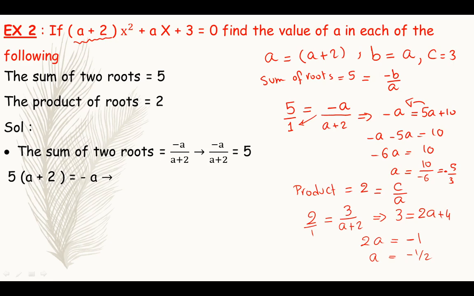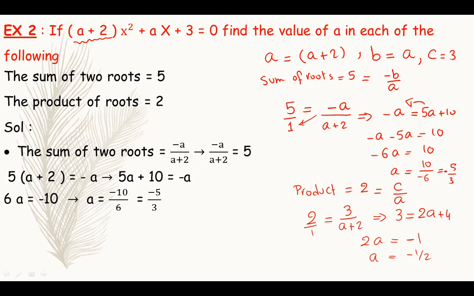And we put 1 under 5, so cross multiplication, this is equal to negative a. Here 5a plus 10 equals negative a. Negative a will go to the other side, so 6a equals negative 10. So the last thing, a equals negative 10 over 6, which is equal to negative 5 over 3.